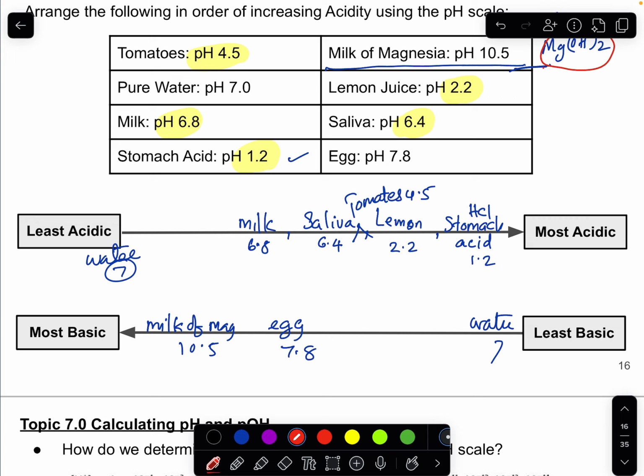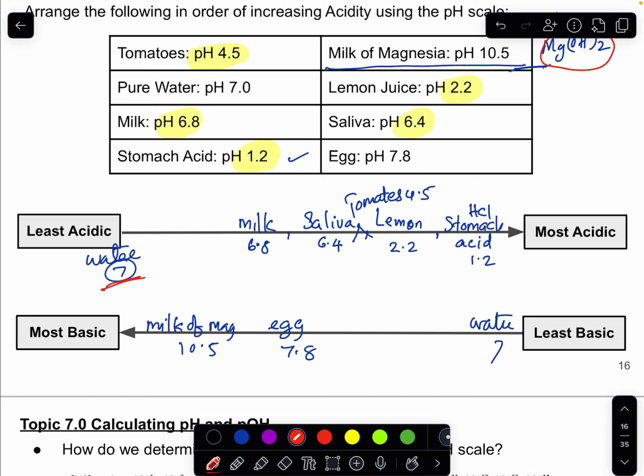And then comes lemon, then tomatoes, saliva, milk. And I will write water as the least basic because we said water can act as both acid and base. Okay. Tomatoes next. Look at the values and you just do that in the increasing order of pH.